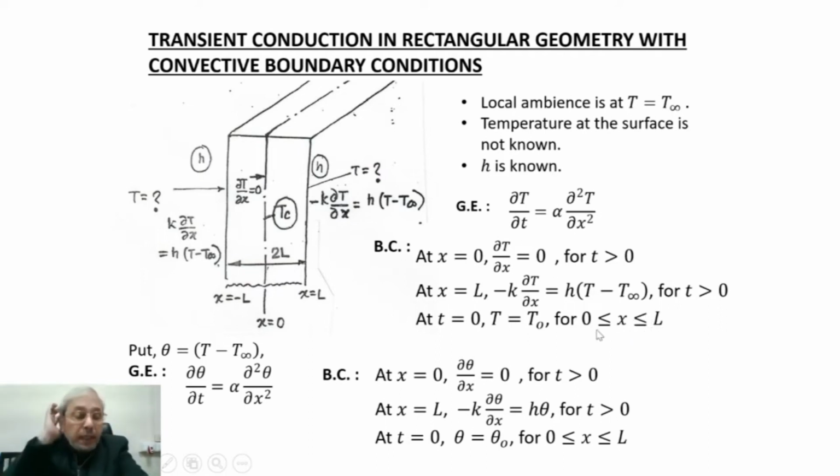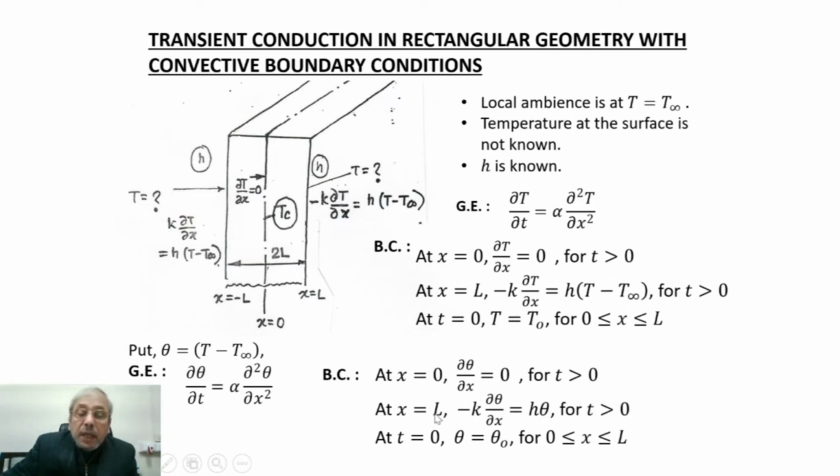Now we substitute theta as T minus T infinity. Then the equation can be written as del theta del t equals alpha del squared theta del x squared. The boundary conditions now become: at x equal to 0, del theta del x equals 0 for time greater than 0.